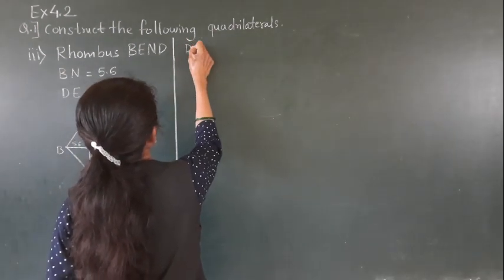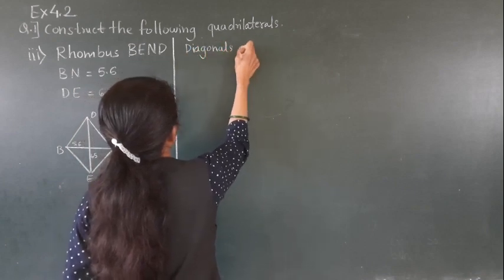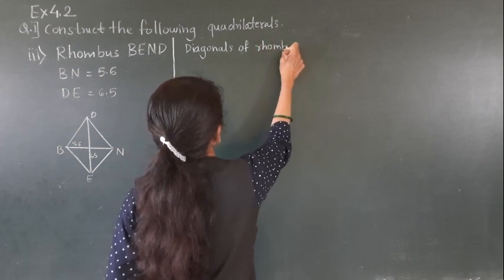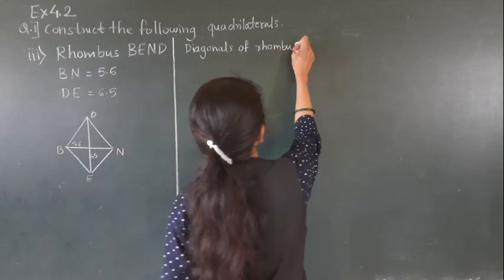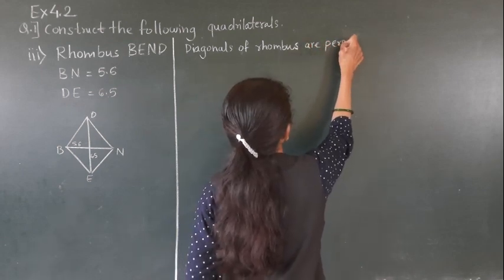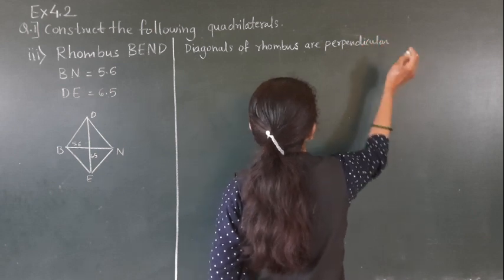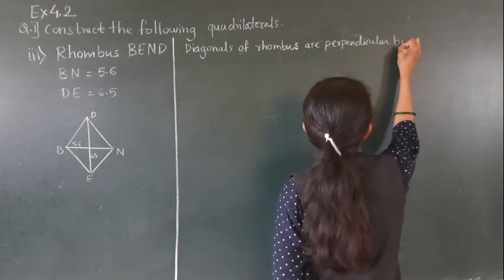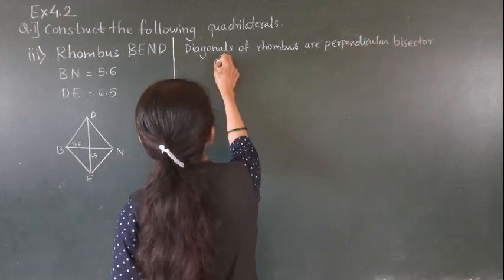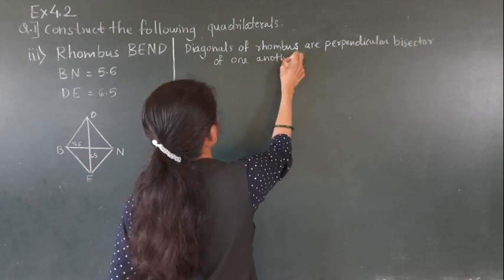Diagonals of a rhombus are perpendicular bisectors of each other.